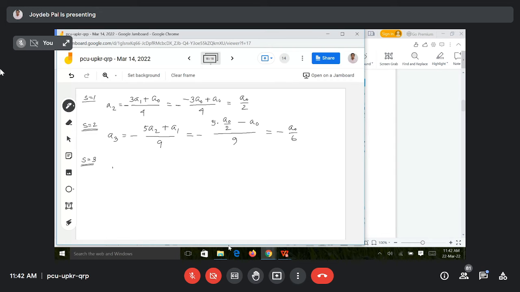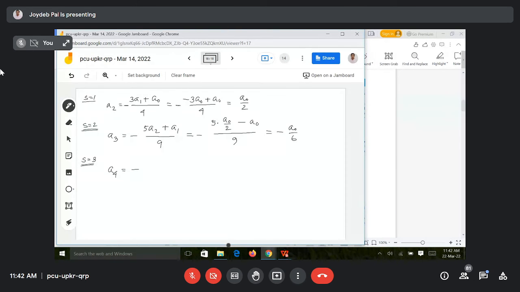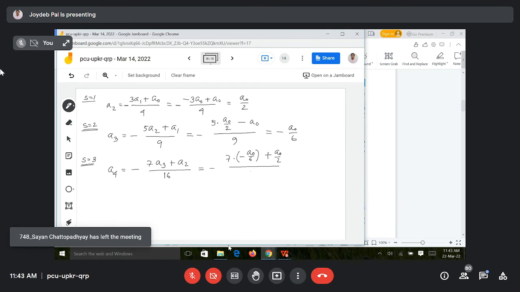So for s is equal to 3, it is a4 minus, the form is 2s plus 1 to 7 a3 plus a2 divided by 16, right? So minus 7 a3 means minus a0 by 6 plus a2 means a0 divided by 2, whole divided by 16.